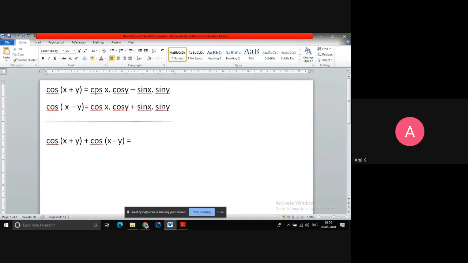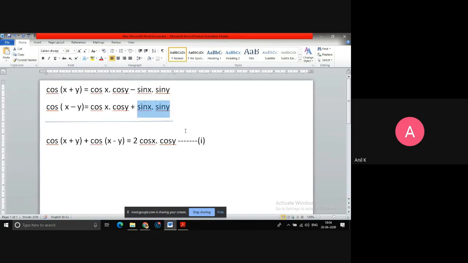What you are left with is cos x cos y, and here also cos x cos y, which is going to be twice cos x cos y.